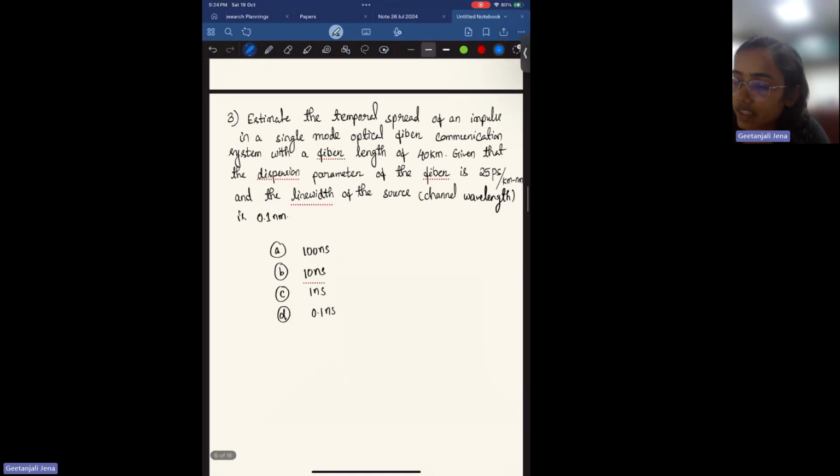So the next problem is, let's go through the question once. It is similar to one of the problems of assignment 12, right?